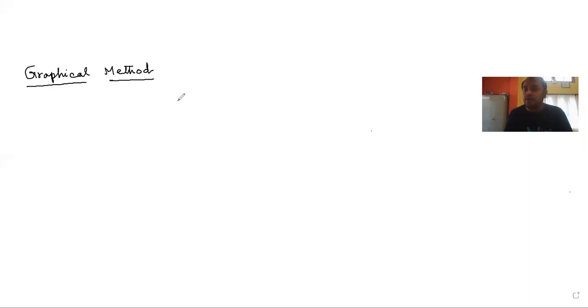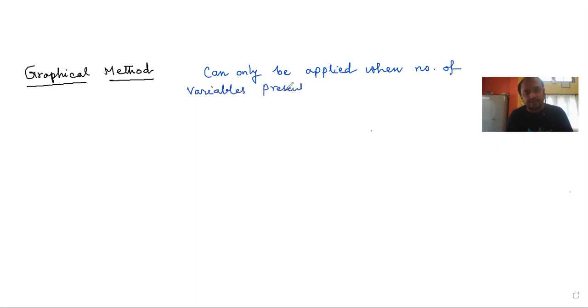Now, the graphical method has one drawback. This method can only be applied when the number of variables present is less than or equal to 2.